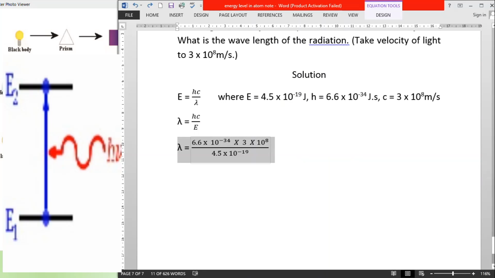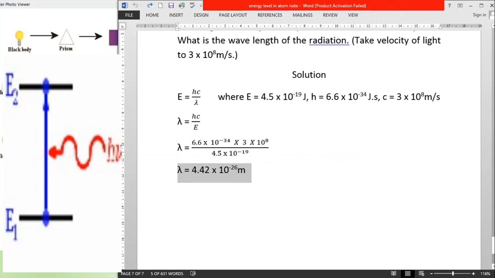This is Planck's constant that we are given, and 3 times 10 raised to the power 8, all divided by energy, which is 4.5 times 10 raised to the power minus 19 joules. So when we do that, we have our final answer as 4.42 times 10 raised to the power minus 26 meters.